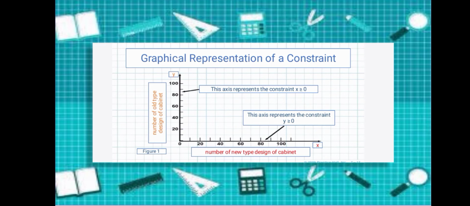The x-axis or the horizontal axis represents the constraint y is greater than or equal to 0, and the y-axis or the vertical axis represents the constraint that x is greater than or equal to 0.